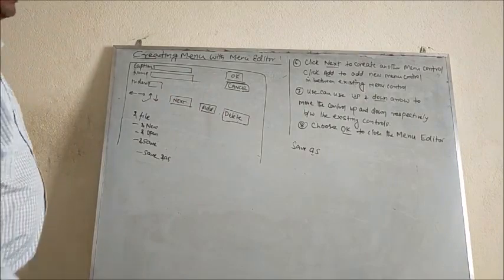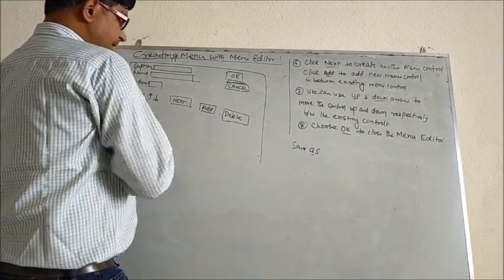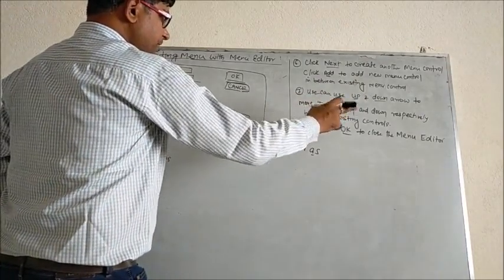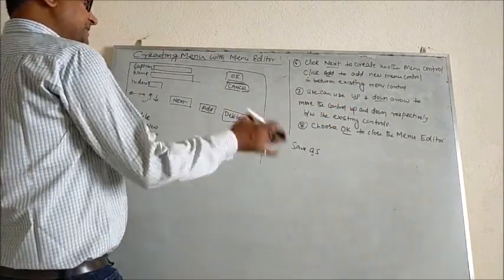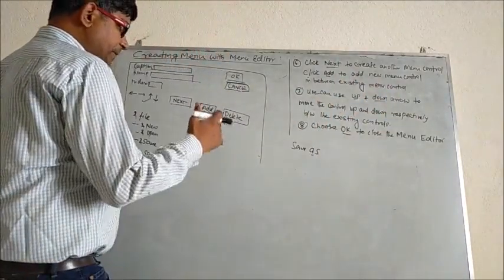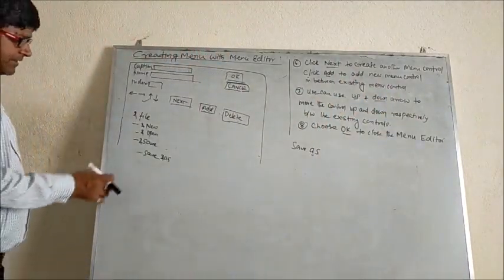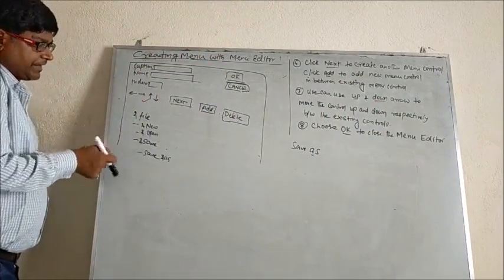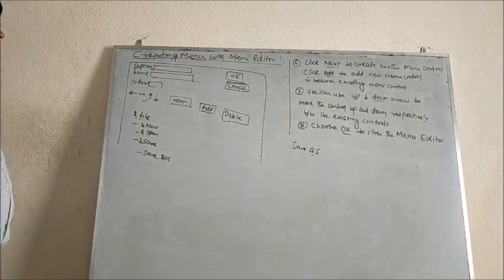Next, the seventh one is the same thing which I have described here. You can use up and down arrows to move the control up and down respectively, right? Up means up, down means down. That's why I have used respectively here. Between the existing controls, if we want to shift any controls up or down, we can easily do it.